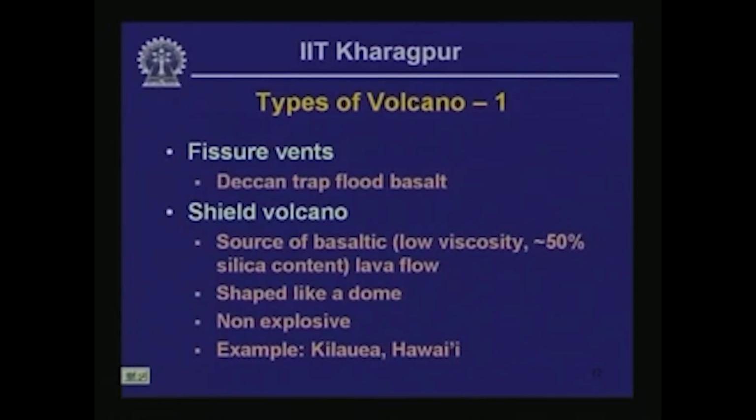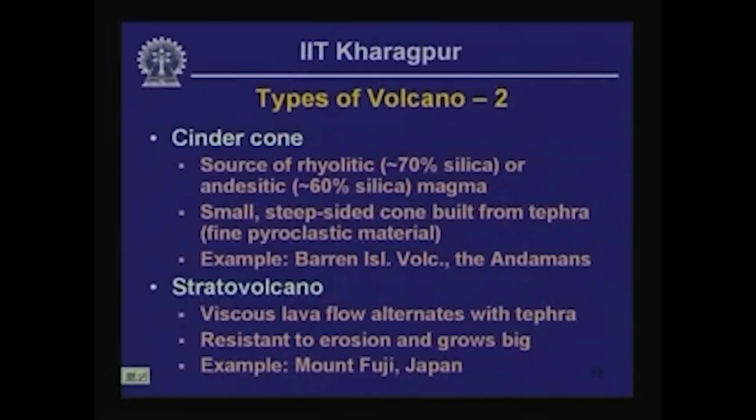It flows out of the vent, and the flow velocity is typically less than the velocity at which a person walks across a field. An example of a shield volcano is the Kilauea volcano in the state of Hawaii, in the Pacific. We have two more classes of volcanoes to consider.